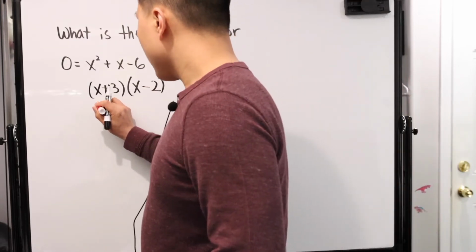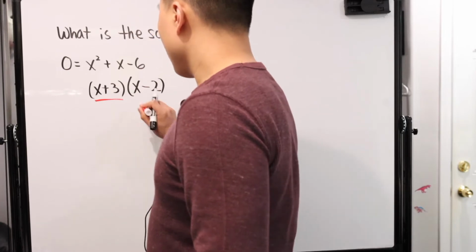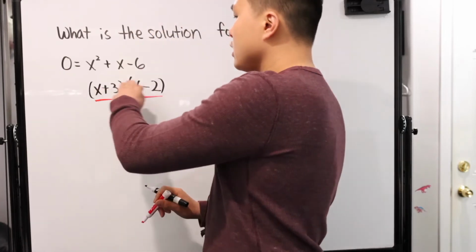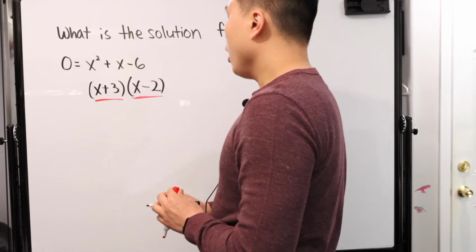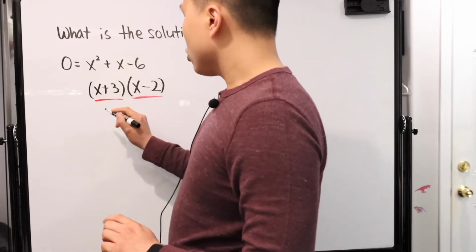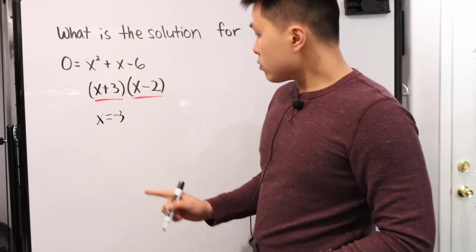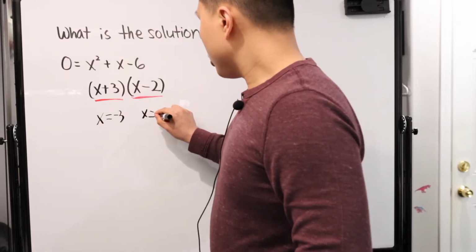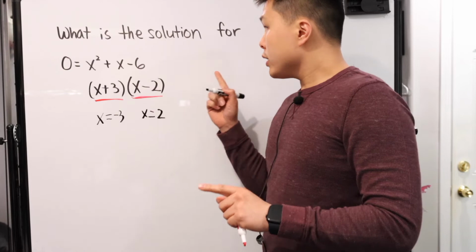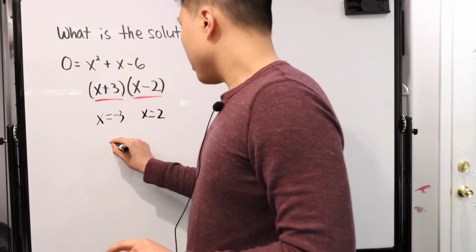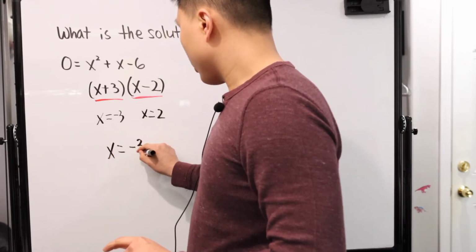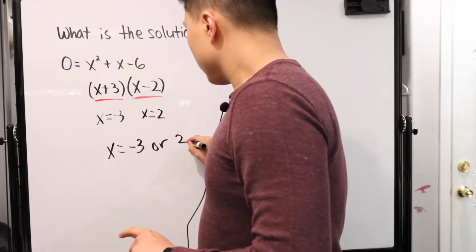Now we have to figure out when this would be 0 and when this would be 0, because these two are just plain multiplication. Well, x equals negative 3 would make this side 0. x equals 2 will make this side 0. So the solution for this is going to be x equals negative 3 or 2.